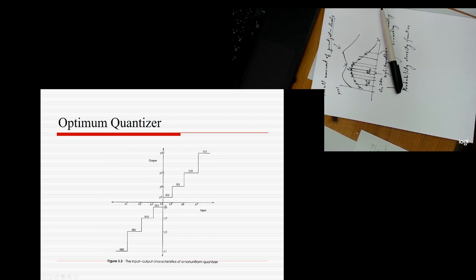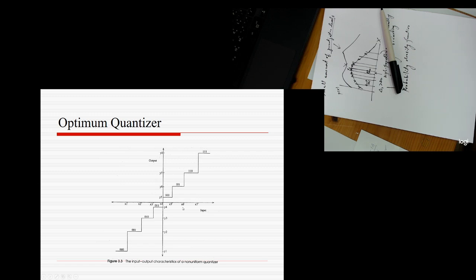Y4 and Y5 are close together, and Y2 and Y1 have a bigger step size. So our data appears to come out more frequently between S3 and S5, S6.